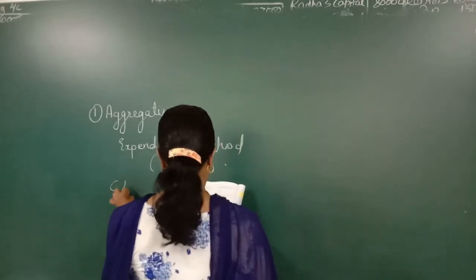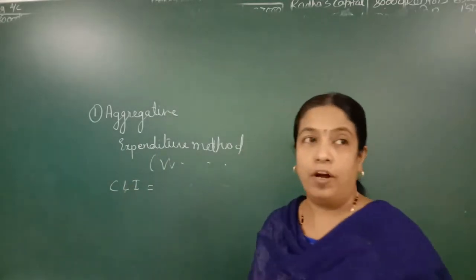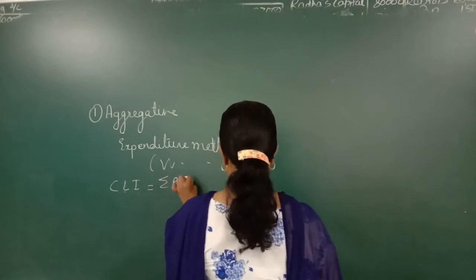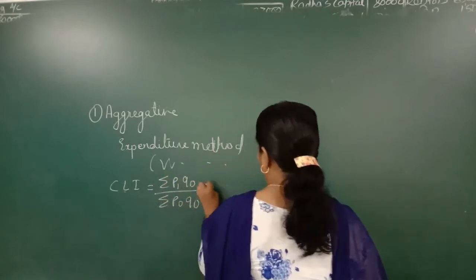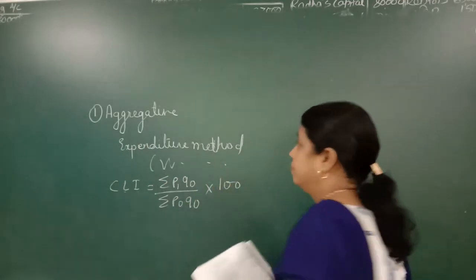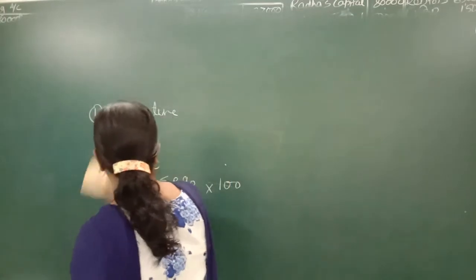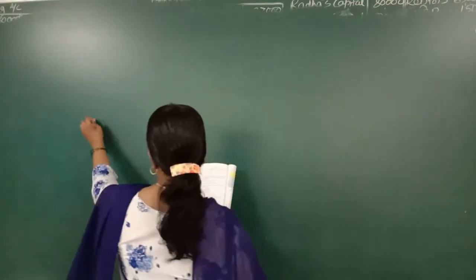Here CLI, cost of living index number. What is the full form of CLI? Cost of living index number. CLI equals summation P1 Q0 upon summation P0 Q0 into 100, this is the aggregative method, and the family budget method. The second method is the family budget method.